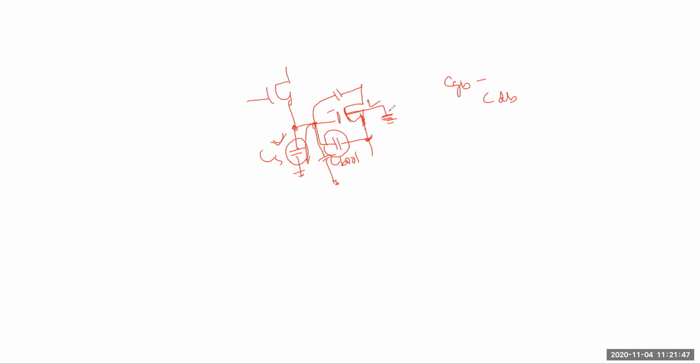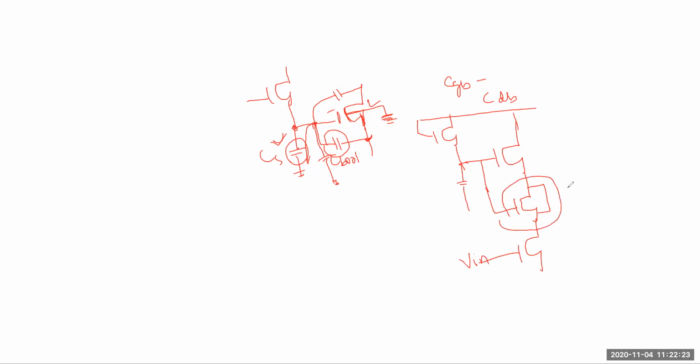Yes, that's why C boot is less. But in a real circuit, another MOSFET is added to enhance the C boot capacitance. So this is the circuit. Here you can see another circuit like this, source and gate, so these are your capacitances. So this is your MOSCAP.